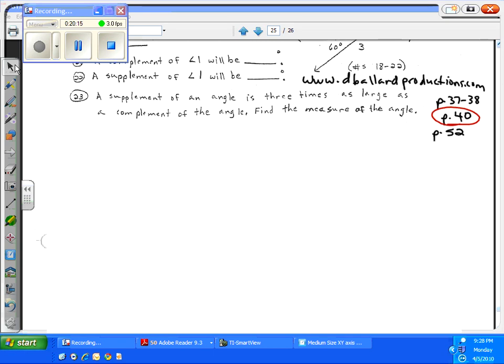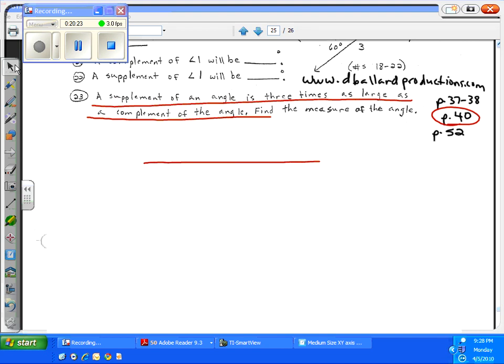Now, what we would do on page 40 of the Algebra 1 text, we would say it says a supplement is 3 times as large as its complement. And so we would say, well, that's a comparison between two characters.